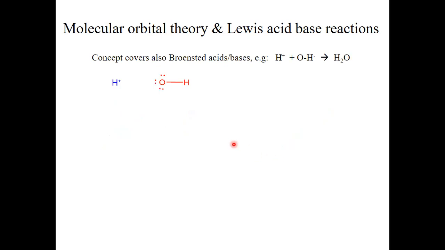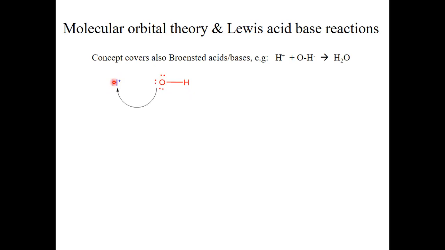So for instance, when you react a proton with an OH minus anion, you can of course consider this a Bronsted acid base reaction, because one partner acts as the proton donor and the other partner acts as the proton acceptor. So in this case, the OH minus ion would be the proton acceptor, and the H plus would donate itself. So it would be the proton donor. However, it could also be seen as a Lewis acid base reaction.